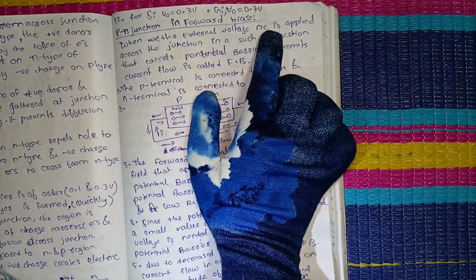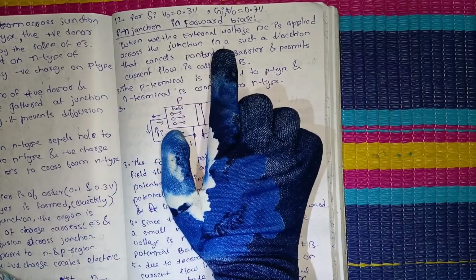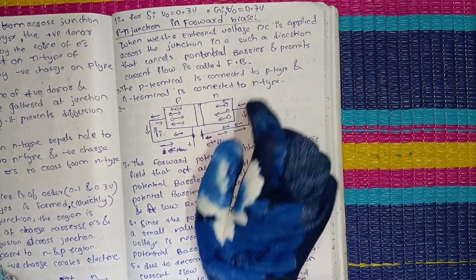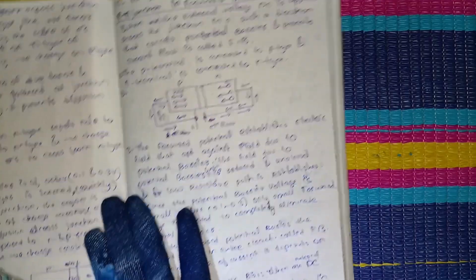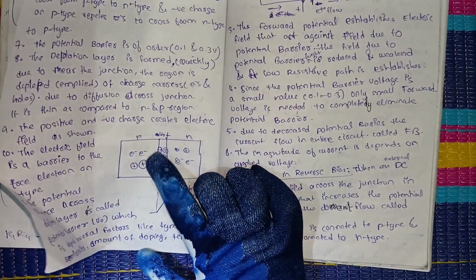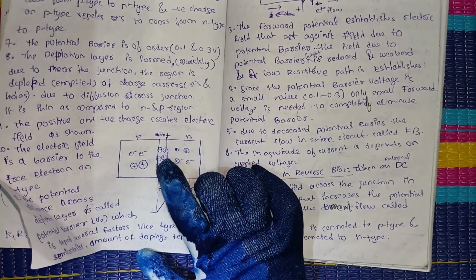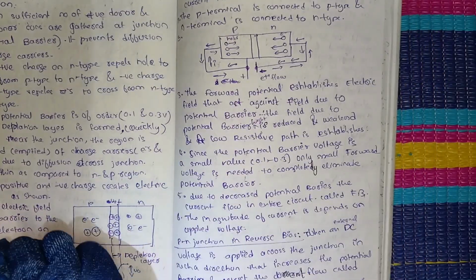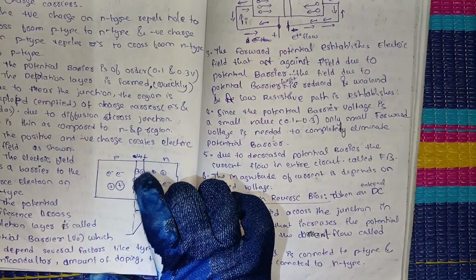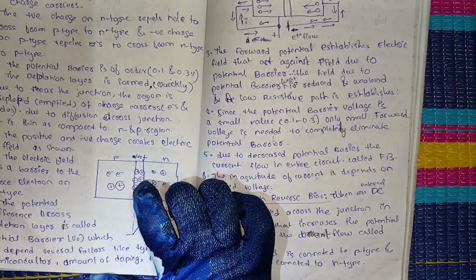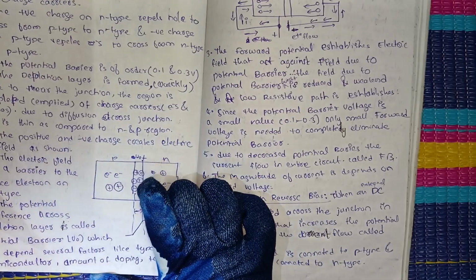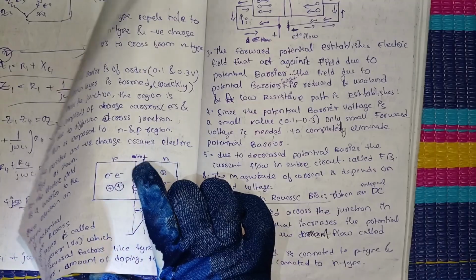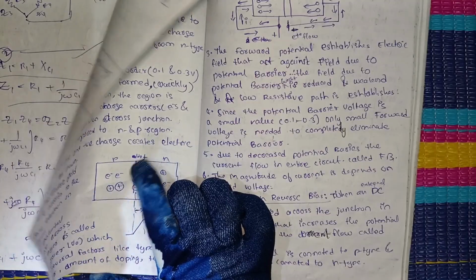The external voltage is applied in such a direction that cancels the potential barrier, which is developed here. The electric field is developed, and also a sufficient number of negative acceptors and positive donors are gathered here. So this is called potential barrier.